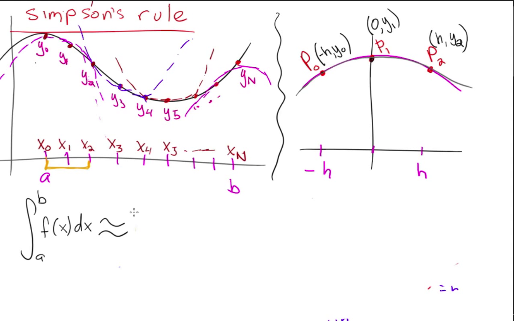H over 3. Okay, good. H over 3. And then notice H over 3 is on all of them, right? So is it okay if I factor it out of the entire thing, just like we did for the trapezoid rule? Okay, so H over 3, and then we're going to add how many y zeros? 1 y0. How many y1s? 4 y1s. How many y2s? 1. Okay, so we have y0 plus 4y1 plus y2, right?